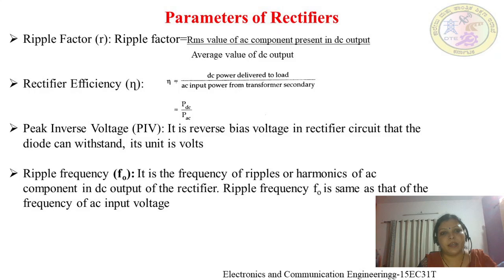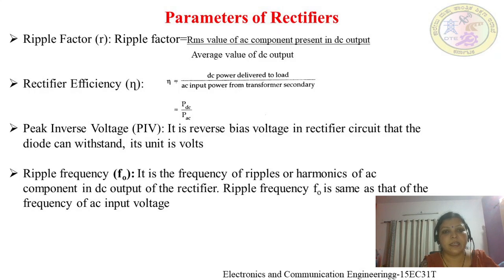In this slide, the first parameter associated with the rectifier is ripple factor. While discussing the DC regulated power supply, I had stressed that the output of a rectifier is a pulsating DC. So it is not a pure DC, it is pulsating.